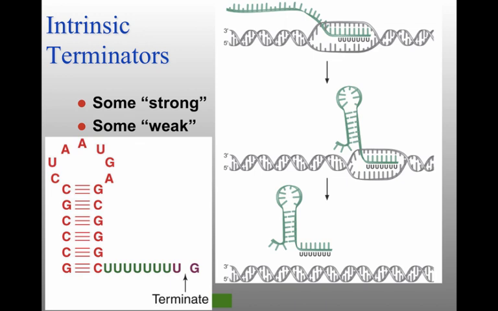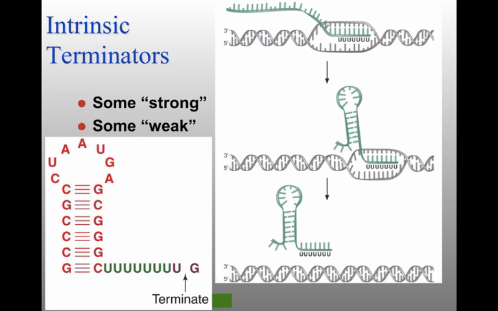And so this process, forming that double-stranded RNA, and that you've got this stretch of U's here, will pull the RNA out of the RNA polymerase. Once you have no RNA there anymore, those two strands come back together, the polymerase falls off of your DNA, and you can start again. So that's one kind of termination that you have in bacteria.